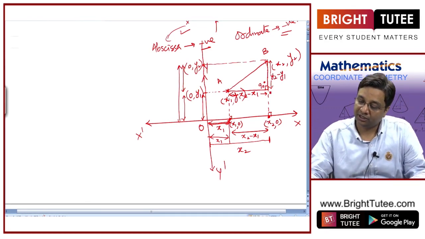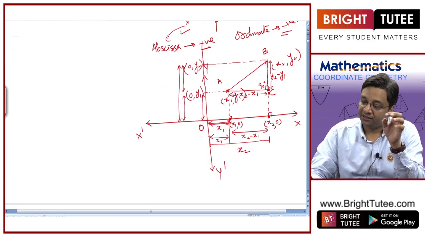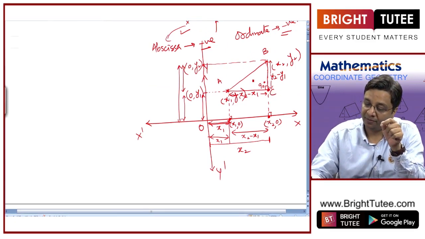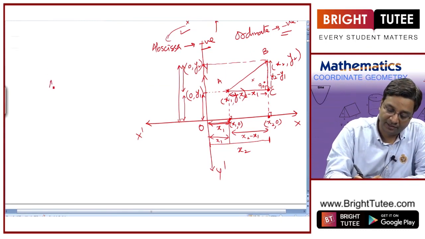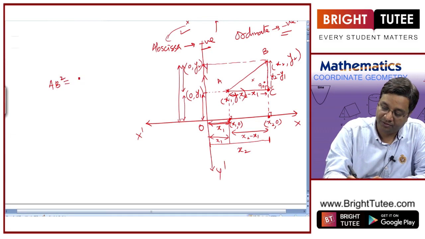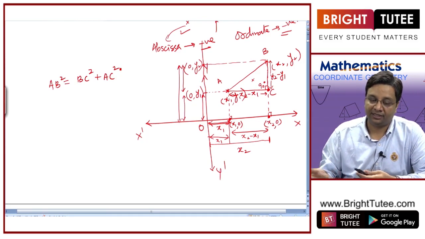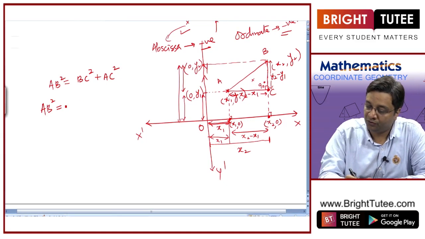Now if you notice, let's name this point as C, okay. In this triangle ABC, angle C is 90 degrees. So we can apply the Pythagoras theorem in this, right? So AB square will be equal to BC square plus AC square, right? We are calculating the distance AB here, right? So AB square will be equal to, what is BC?